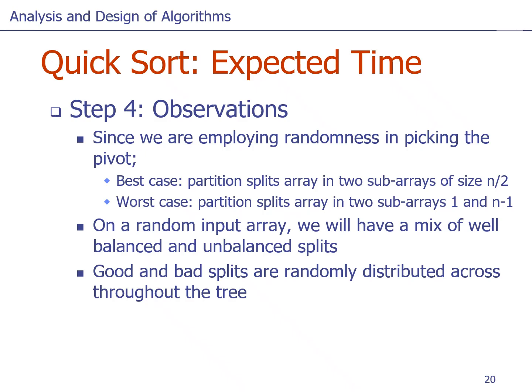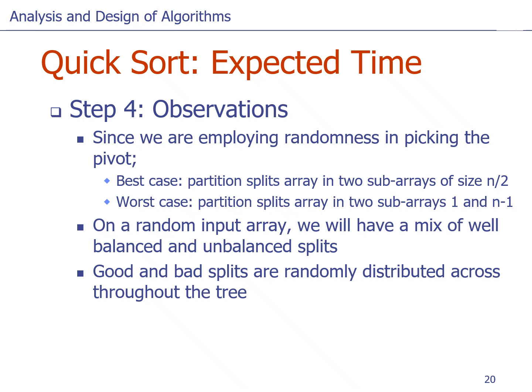And the first quarter to the left and the last quarter to the right, which will make the other half, are bad cases. This is what I try to highlight in this slide. In the best case, the partition will split the array into 2 subarrays, each of size n by 2. In the worst case, partition splits the array into 2 subarrays, 1 and n minus 1.